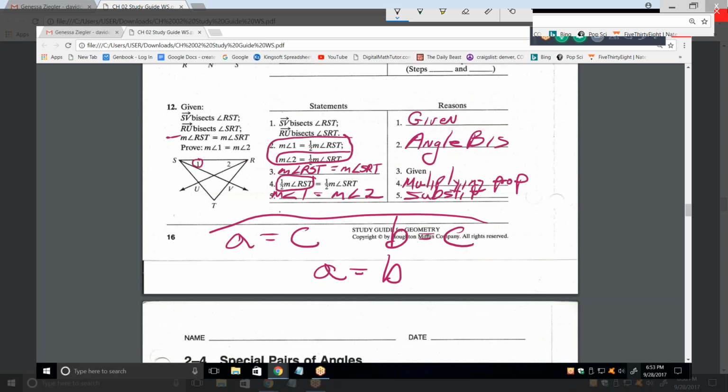That's the transitive property. Well, that's not what we're doing when we go to statement 5. We're substituting. We're substituting the measurement of angle 1 in place of 1/2 the measurement of RST because of statement 2. In other words, we have given statement 2, and now that allows us to substitute when I get to statement 4.